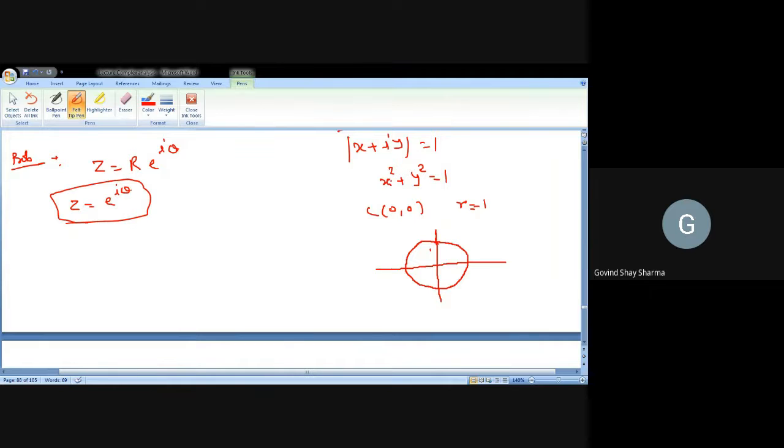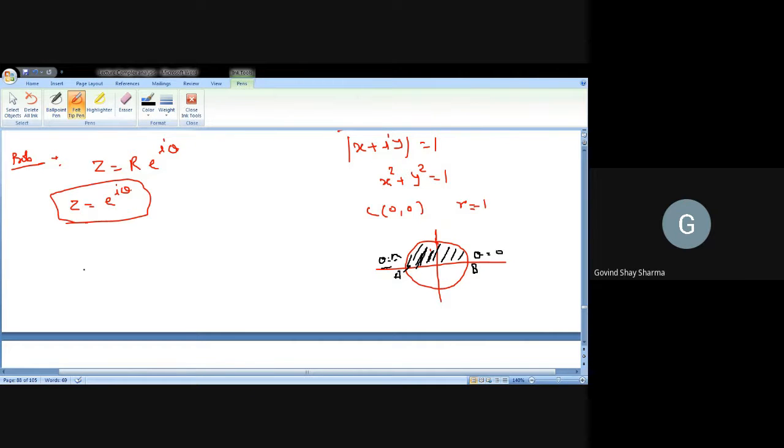Here it's talking about this semicircular part. Here theta is equal to 0 and here theta is equal to pi.